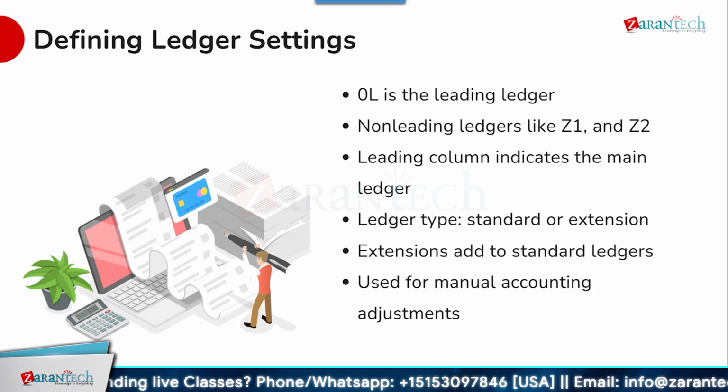The non-leading ledgers provide you with additional perspectives on financial data without altering the main ledger. The leading column highlights your main ledger, while the ledger type can be either standard or an extension.